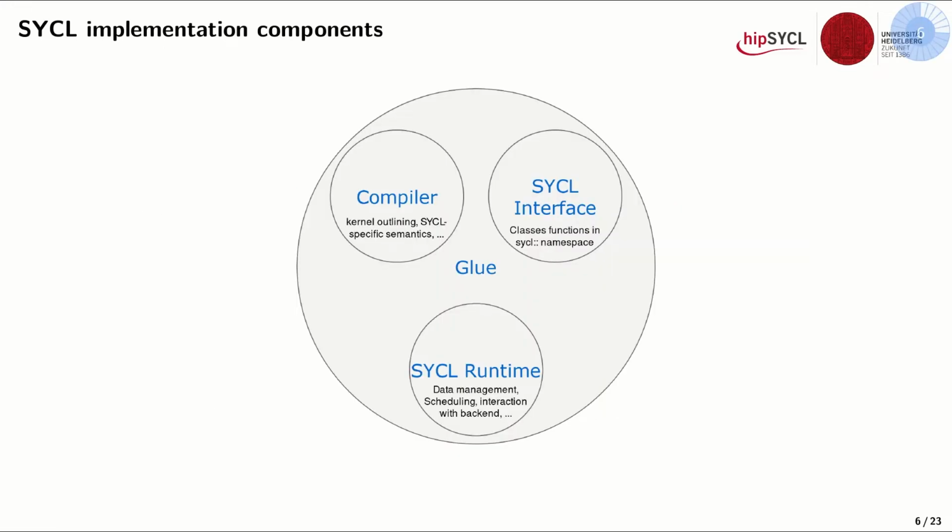Let's now talk a bit more about how hipSYCL works. A SYCL implementation in general consists of three-ish components. The first component is a compiler component. Strictly speaking, since SYCL is pure C++, you can also implement it as a pure library.